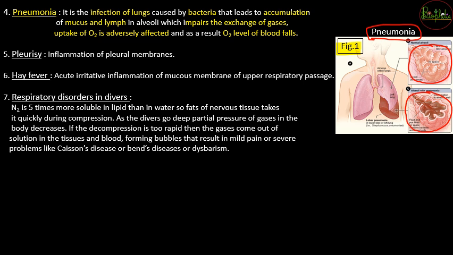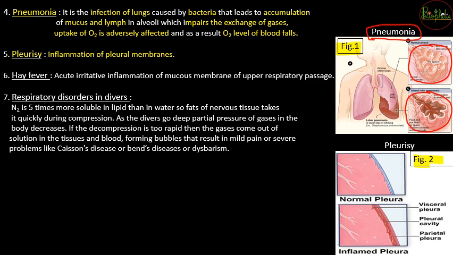Next आता है pleurisy. Pleurisy क्या होता है? Inflammation of the pleural membrane. Now as you know and you can see in the figure 2 that there are two pleural membranes. First is your visceral pleura and second is your parietal pleura. Now when these two membranes are going to undergo inflammation, then the pleural cavity is going to decrease, right?